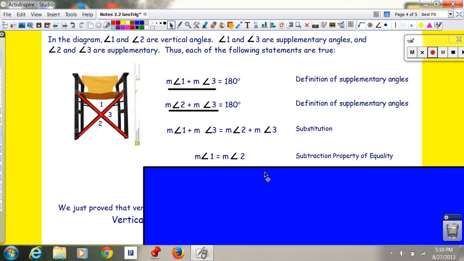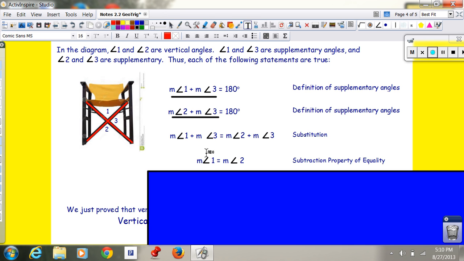The next true statement that you could put is that angle 1 equals angle 2. The measure of 1 equals the measure of 2. Basically, what I could do there is I could subtract the measure of angle 3 from both sides.